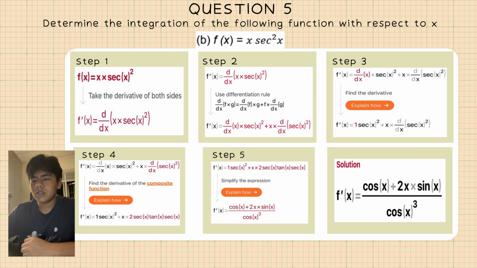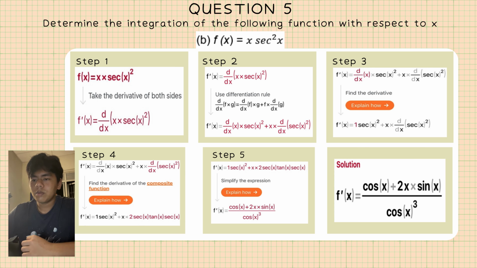F prime x equals d over dx x times secant x squared plus x times d over dx secant x squared. Step 3, find the derivative. F prime x equals 1 secant x squared plus x times d over dx secant x squared. For step 4, find the derivative of the composite function. F prime x equals 1 secant x squared plus x times 2 secant x times x secant x.